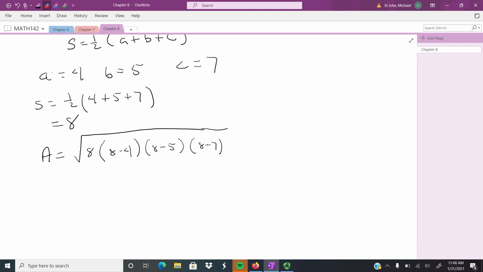But then, of course, this is just 4, this is 3, and this is 1. And so we end up having the square root of 96. And this is basically 9.8.